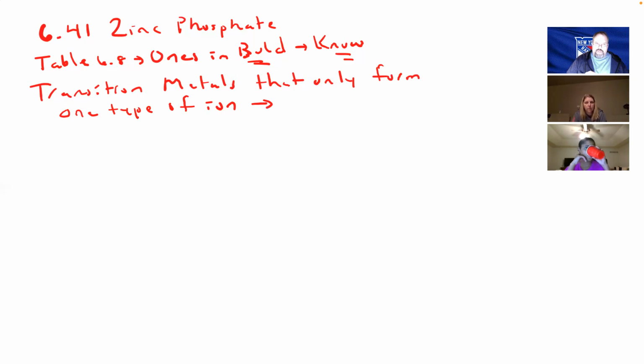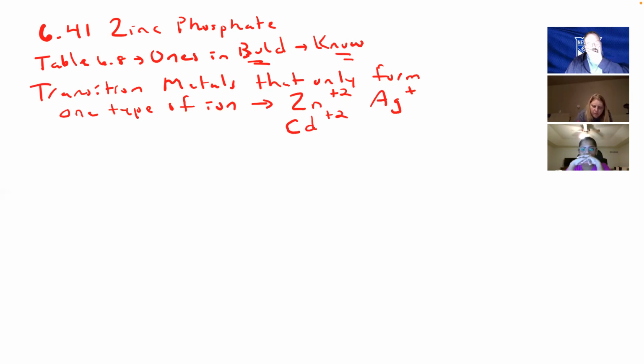There's only three of them, but you sort of have to remember these three. One of them is zinc. The only ion zinc forms is an ion with a +2 charge. The second one is cadmium. The only ion cadmium forms is one that has a +2 charge. And the third one is silver. The only ion silver forms is one that has a positive charge.